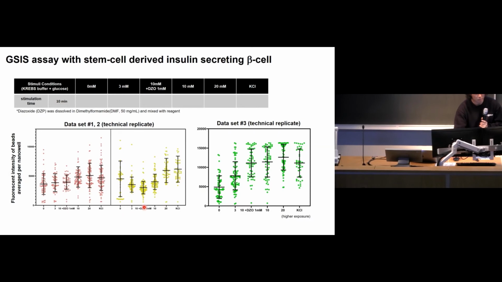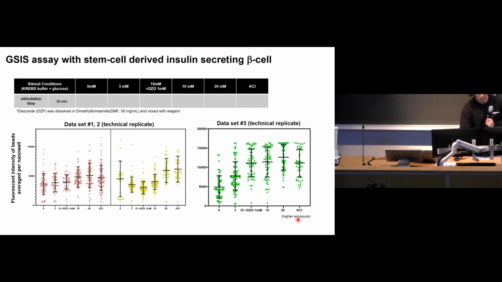Here you can see a clear difference between high and low glucose level, and the amount of insulin secreted we can see differs here and here. And then the diazoxide is used to prevent the cells' insulin secretion.